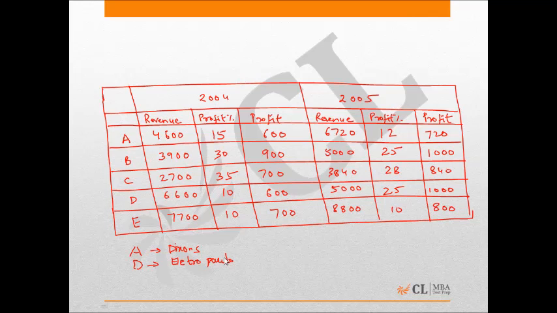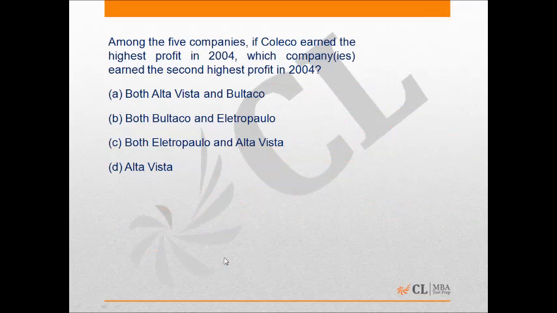So now let's come to the problems which are based on this data set. So my first problem is, among the 5 companies, if Coleco earned the highest profit, then find which company or companies earned the second highest profit in 2004.